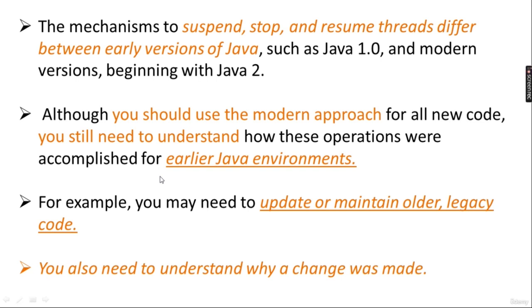Nowadays we do not use Java 1.0 first of all, and we use the modern approach to handle multi-threading and to handle suspending, stopping, and resuming threads. But still, you need to know how they were suspended, stopped, and resumed in Java 1.0. Why is it important? Because in your job or in whatever business you are doing, you may have legacy code that is older and written in Java 1.0.